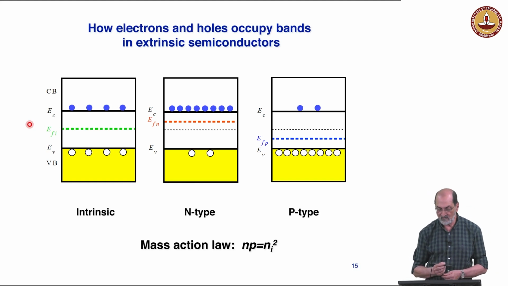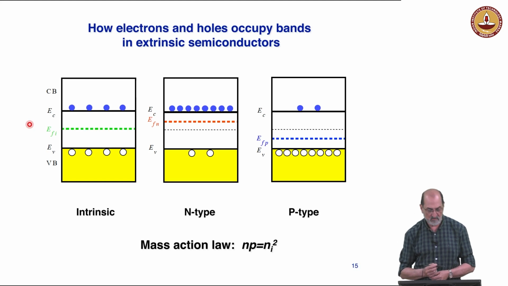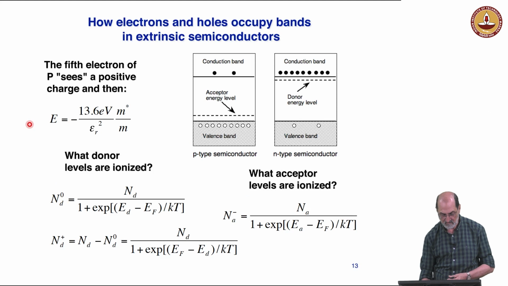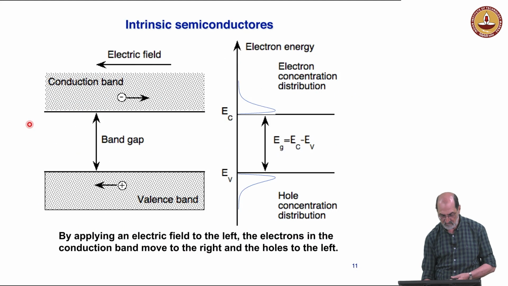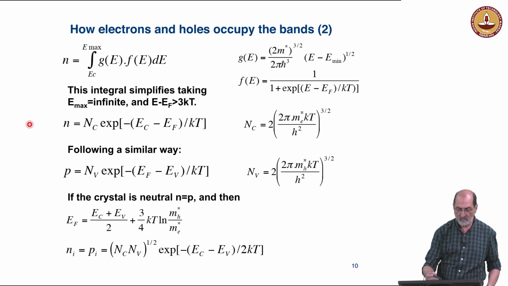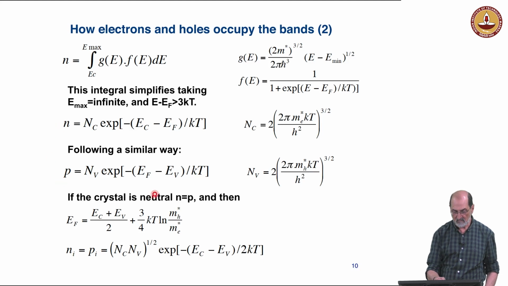There are different manners to understand that. When I was a student, they just told me, hey, look at the equations, and that's it. Where are the equations? Here. If you make the product of n times p, I'm going to see here that E_F has a minus, here is plus.